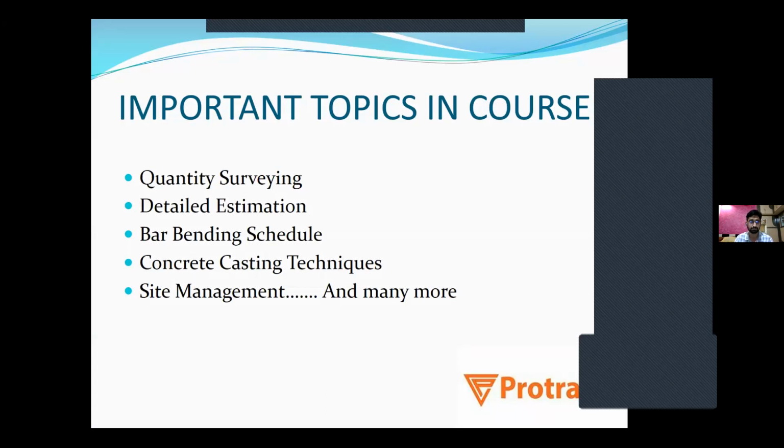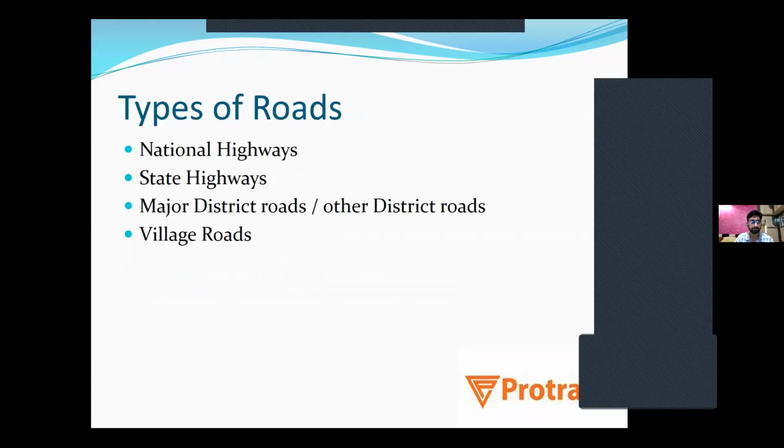We are also going to do detailed estimates of some projects. We will learn about bar bending schedules and how to calculate quantities. We will learn the techniques for casting, and also site management. And there are many more basic concepts which we are going to learn in this course.